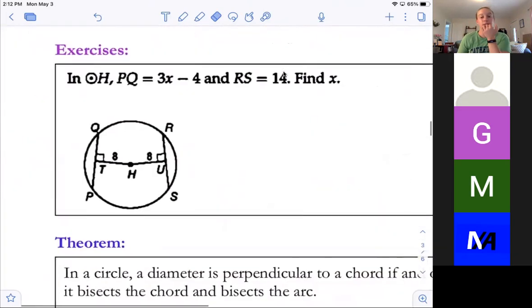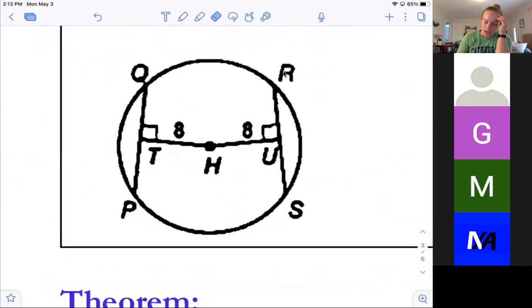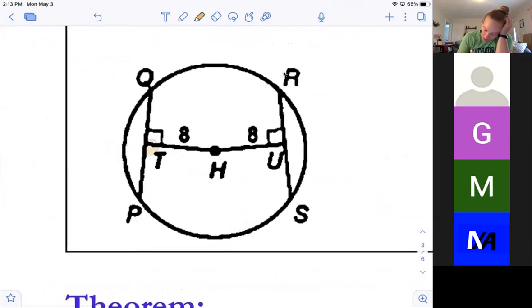These are pretty self-explanatory. The first one says in circle H, PQ is 3x minus 4 and RS is 14. Find x. I did not label PQ and RS just so we didn't get confused with segments or arcs or lengths, or whether it is the whole thing or the part of the thing. So that's why it's written up here. I do know, however, that TH and HU are both congruent to each other.